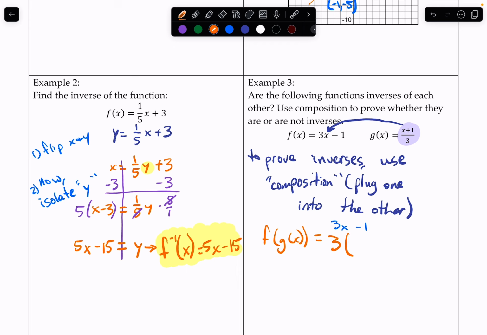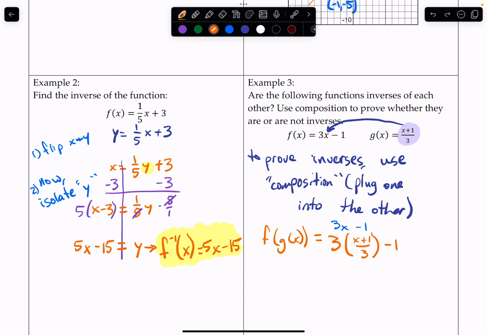So instead of 3 times x, it's going to be 3 times x plus 1 over 3, and then minus 1. So what used to be 3x minus 1, the whole of function g goes in where that x is, which is what we have here. So instead of 3x minus 1, I've got 3 times g, which is x plus 1 over 3 minus 1.